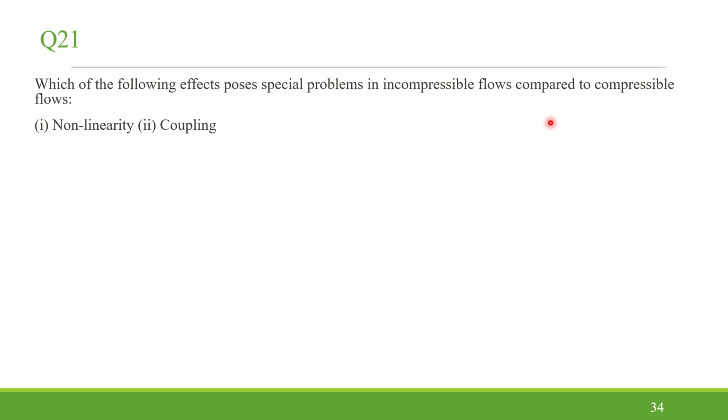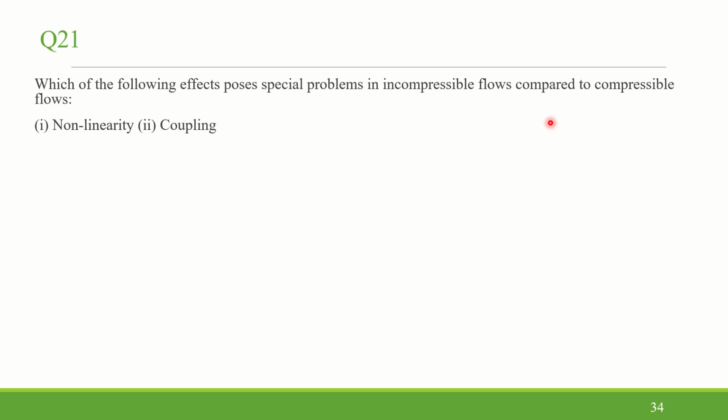They arise from the governing equations in such a way that we have a convective term that accounts for nonlinearity. We have u dot del u in the momentum conservation equation that accounts for the nonlinearity.